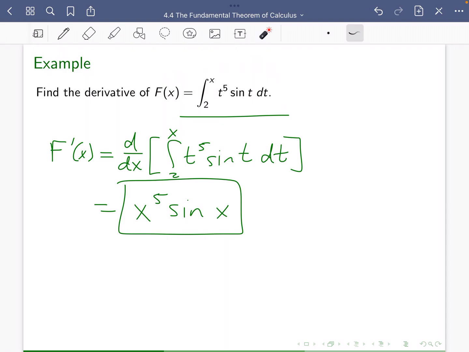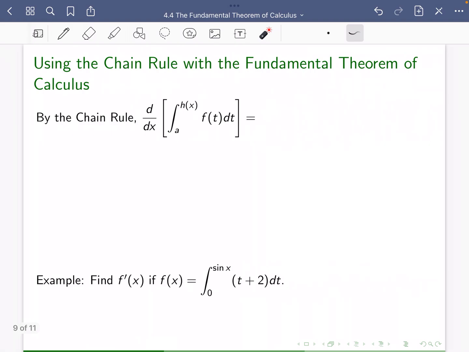Now, we can generalize this a little bit more. By the chain rule, if we are integrating from a to h of x, the derivative from a to h of x of f of t dt is going to be f of h of x.